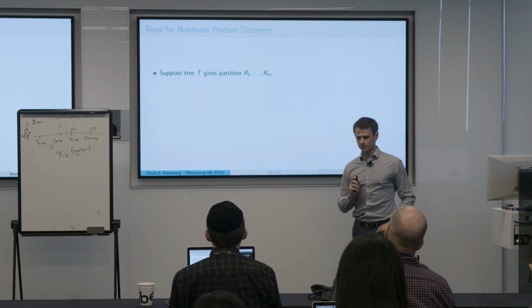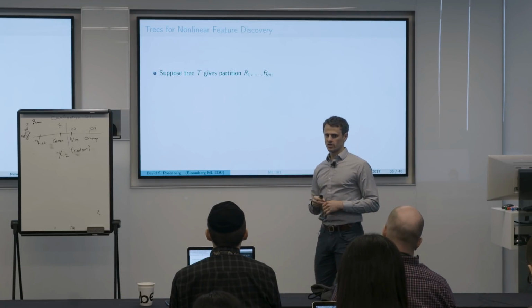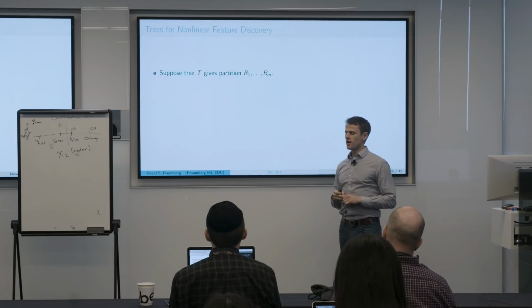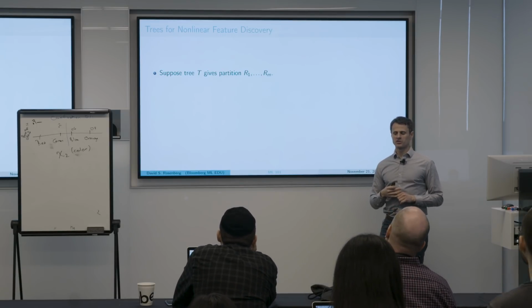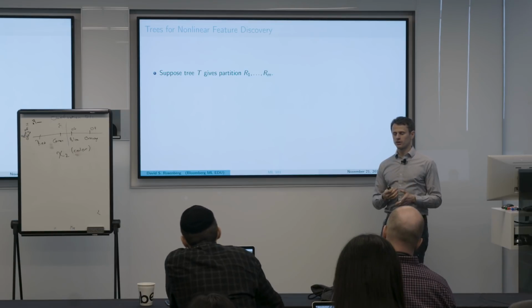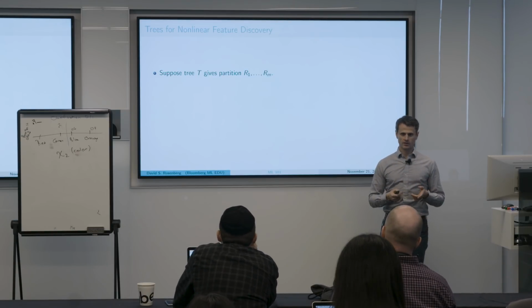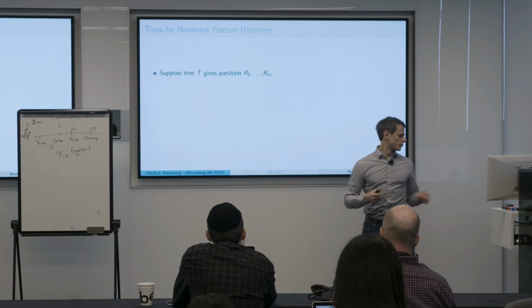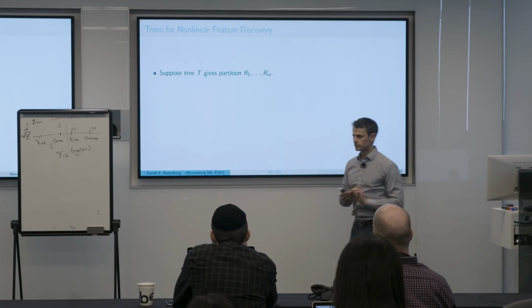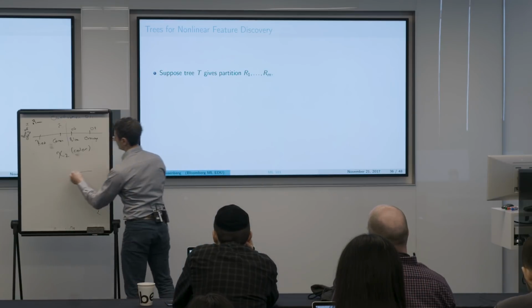But another thing, this is kind of like the reverse of your suggestion, is that you can look at a tree building procedure as a way to discover nonlinear features. So when you build your tree, you end up with a partition of your input space into rectangles, right?